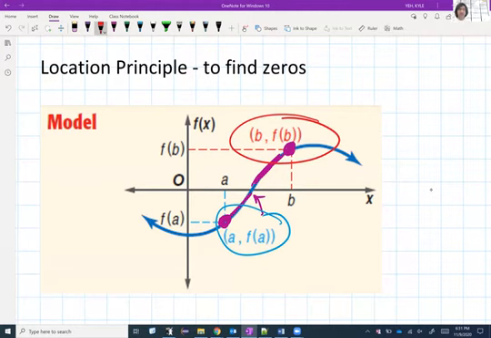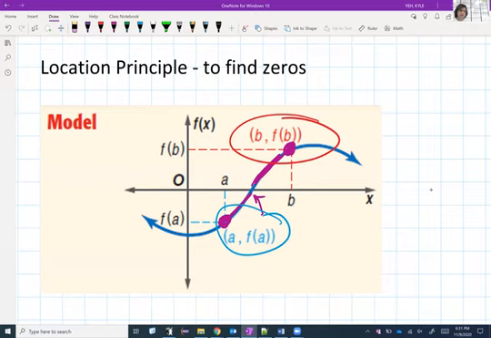There's no way to get from below to above in a polynomial function without crossing the x-axis. So somewhere in between there had to be a zero where we hit the x-axis.